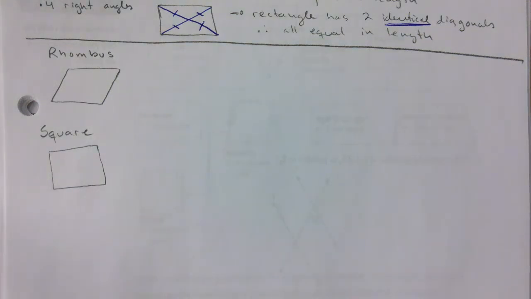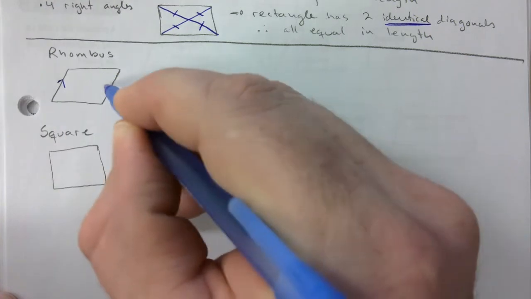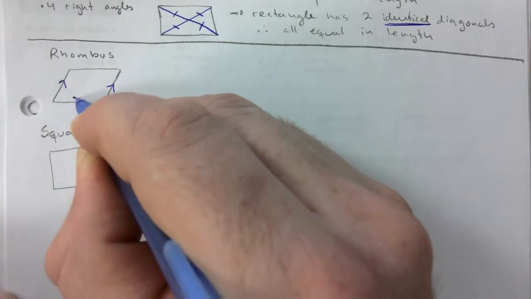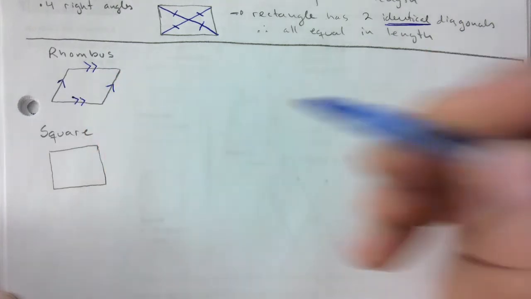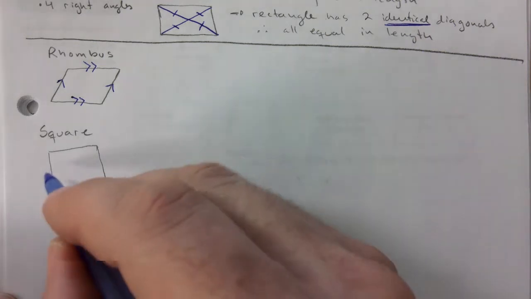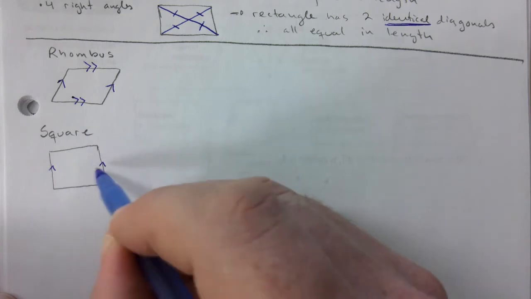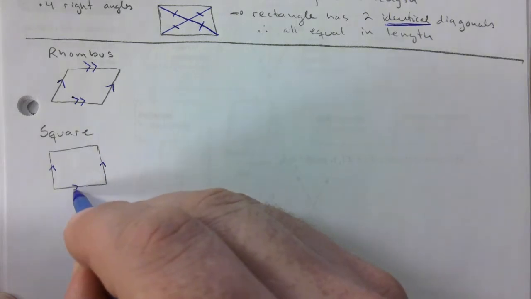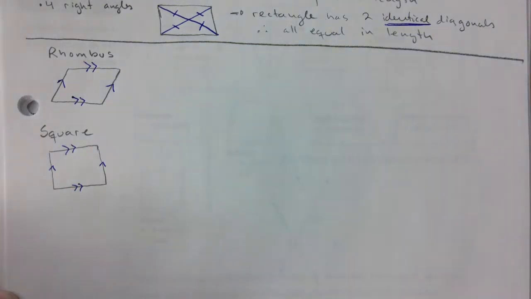We still have the parallel sides going on here, right? You have parallel, parallel. You have parallel. These two are parallel to each other. Let's do the same with a square. These two sides are parallel to each other, and these two are also parallel to each other.